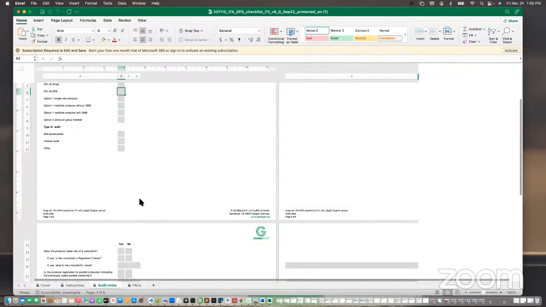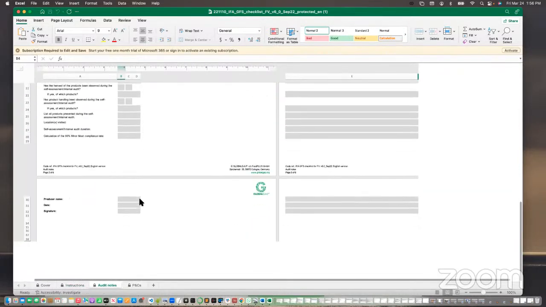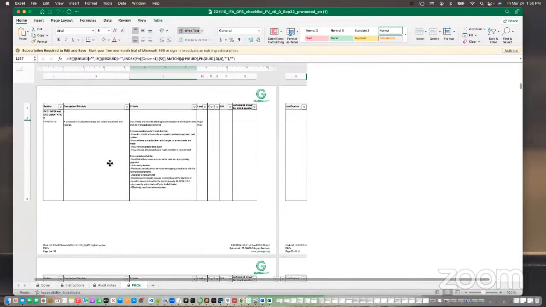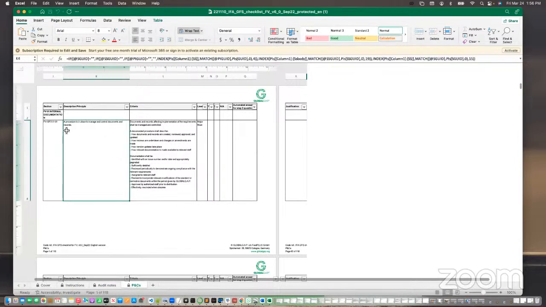You enter some information there, but I want to take you to where, oh yeah, here. The second tab has the principles and criteria. So this is where, for example, the first one says a procedure is in place to manage and control documents and records.